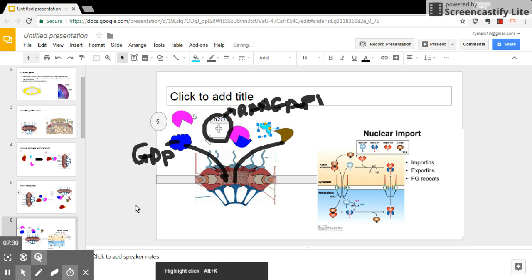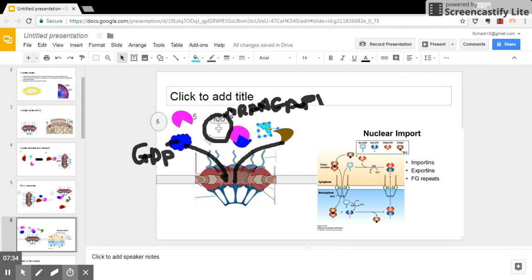So RAN GAP1 drives this hydrolysis from the GTP-bound state to the GDP-bound state. The purpose of doing that is to create a high concentration of RAN GTP in the nucleus and a lower concentration outside.